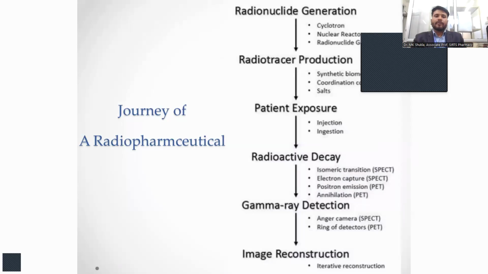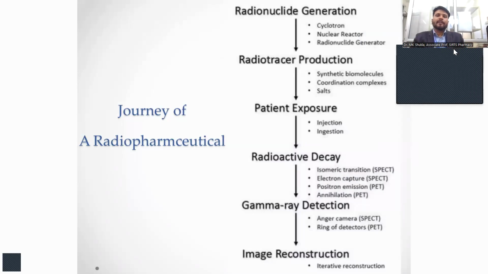This is the journey of radiopharmaceuticals. First, radionuclide generation happens by cyclotron, nuclear reactor, and radionuclide generator. Then radiotracer production follows, using synthetic biomolecules, coordination complexes, and salts. Then patient exposure is performed, in which these are introduced to the patient by injection or ingestion.